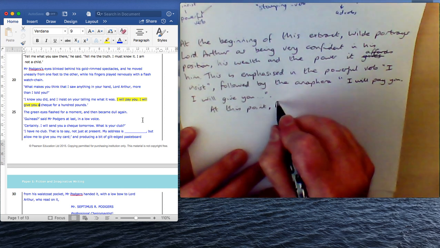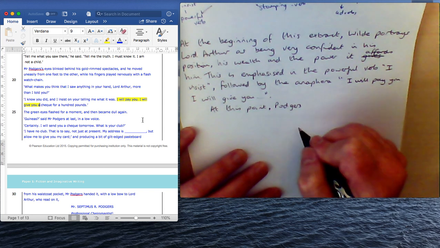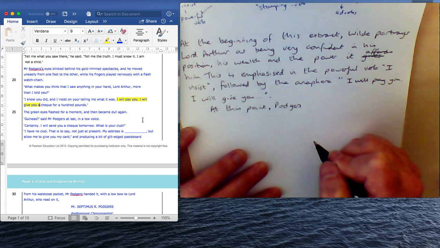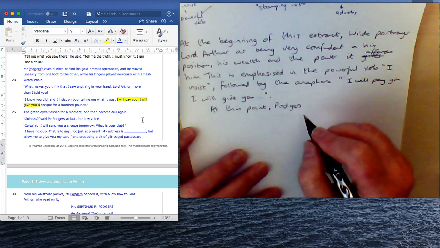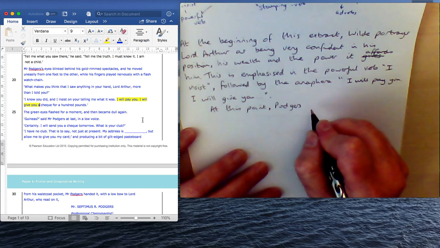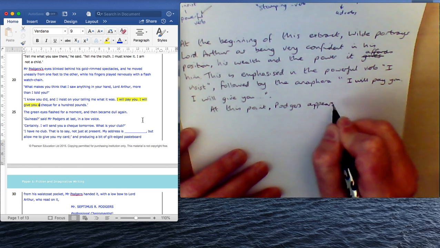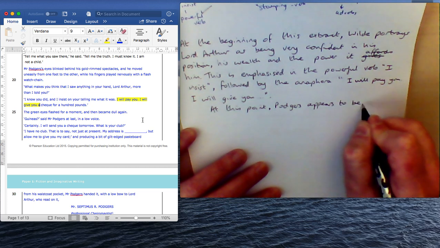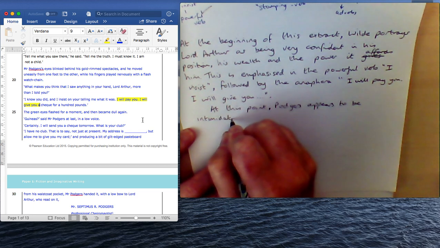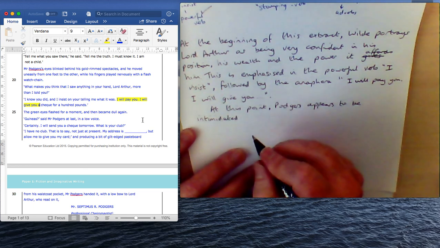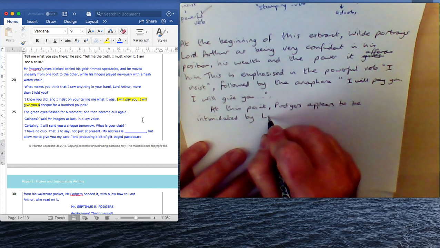So at this point, Podgers, but at the end of the extract we're focusing on, he isn't intimidated at all. So was he intimidated or wasn't he? I'm going to say actually he appears to be intimidated. So at this point, Podgers appears to be intimidated by Lord Arthur.